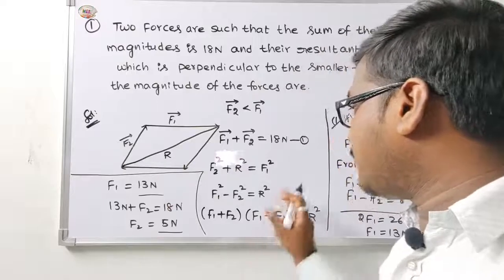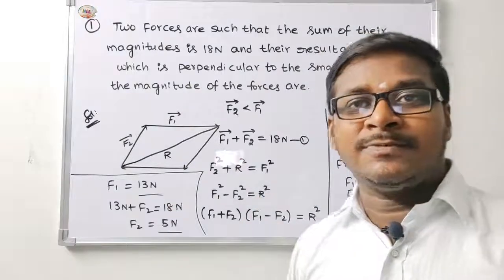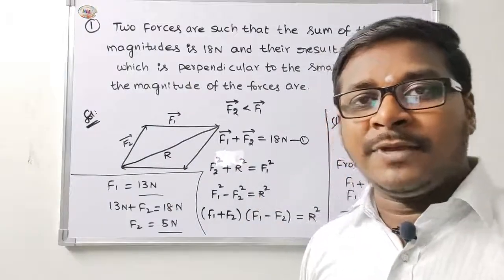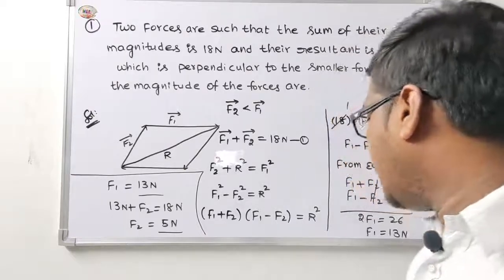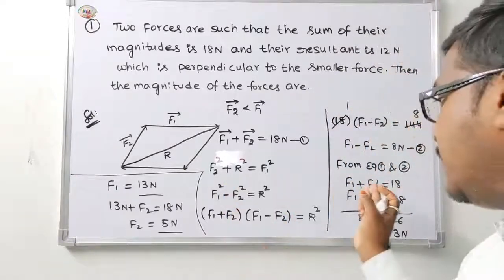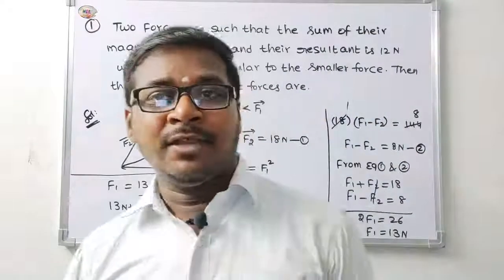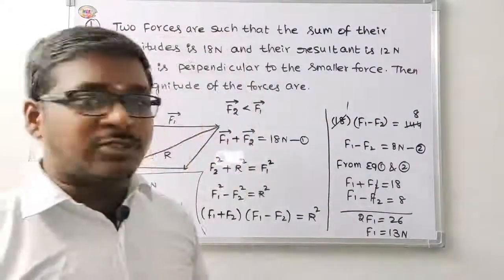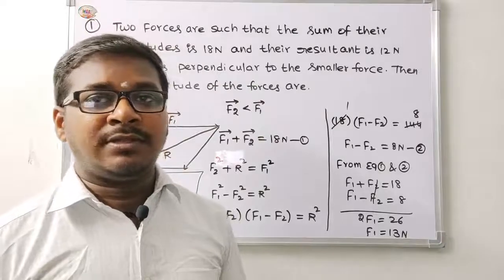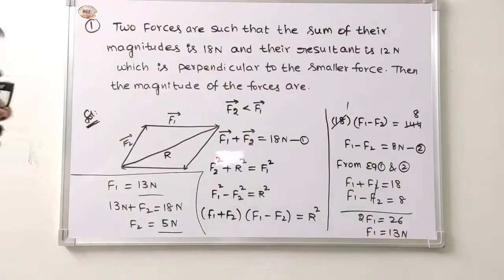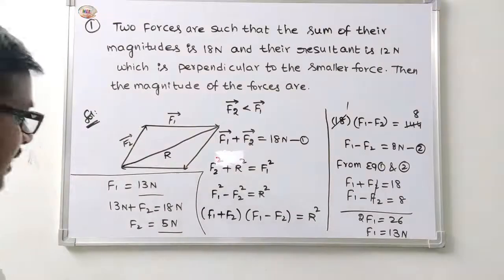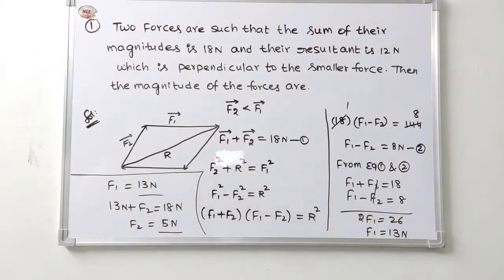F1 square minus F2 square is equal to R square. A plus B into A minus B, F1 minus F2 into F1 plus F2 is equal to R square. Then substituting the values and solving equations 1 and 2, we find F1 is equal to 13 Newton and F2 is equal to 5 Newton. This is the first problem.